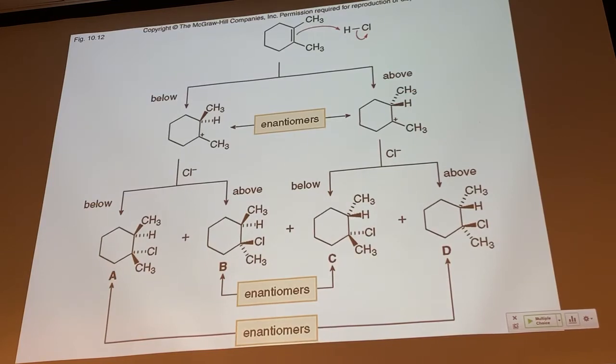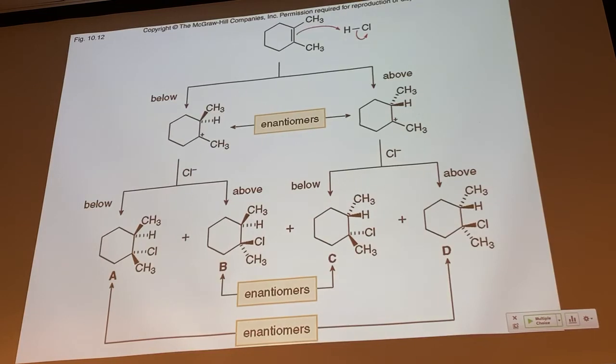Yeah, so we could say, if we have this cis to the chlorine... okay, I see what you're saying, but you have multiple methyl groups and one chloride, so analyzing it in that way is a little more complicated. What we'll focus on is that the chloride is going to approach the positively charged carbon from the less hindered face faster.